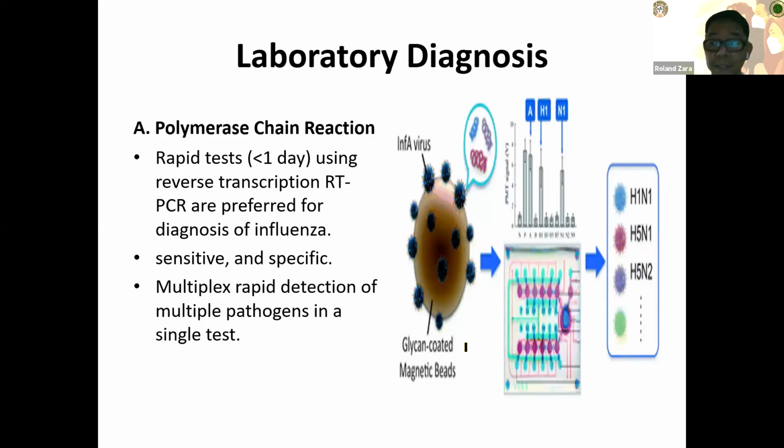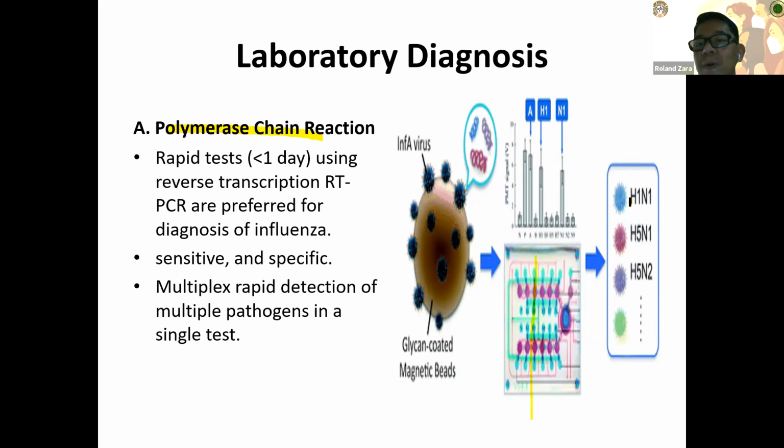So how do we test or diagnose influenza? The most common test, of course, is still your PCR, polymerase chain reaction. This is a PCR that detects several strains of influenza.